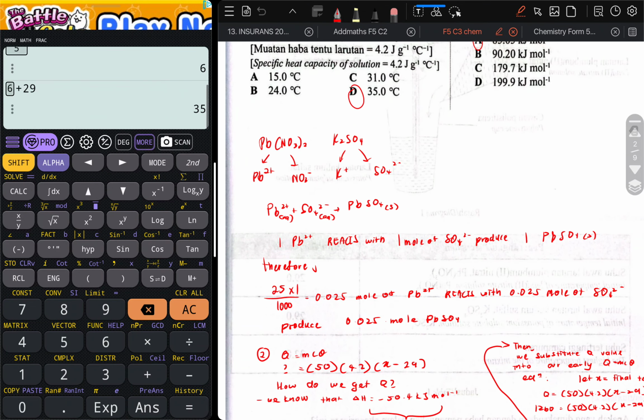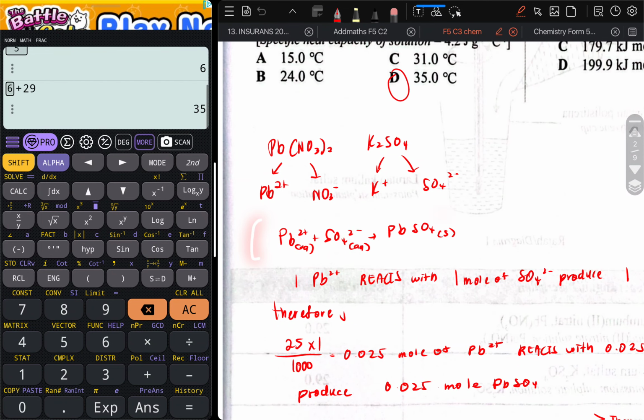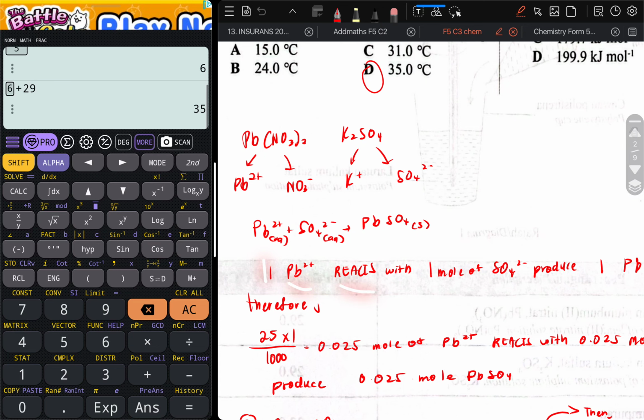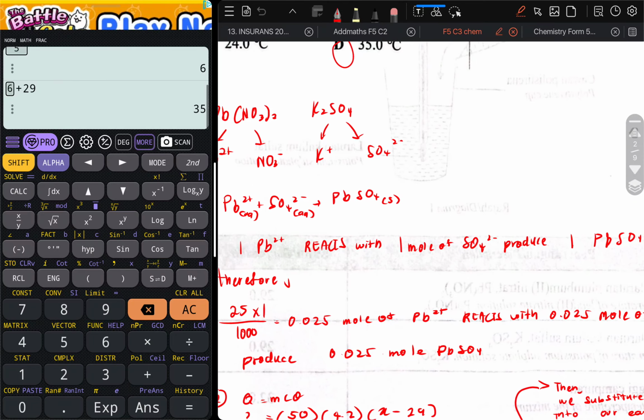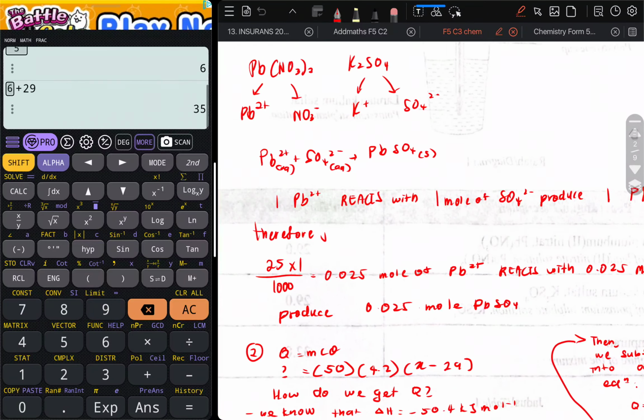Next you will have to do the stoichiometric relationship. First you do it based on this equation. You can see that PbSO4 are all 1 mole. So you know that 1 mole of Pb2 plus reacts with 1 mole of SO4 2 minus to produce 1 mole of PbSO4, which is a solid.